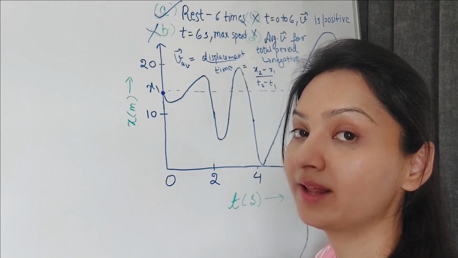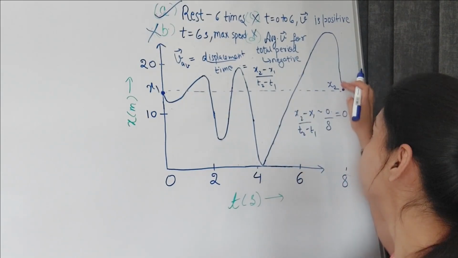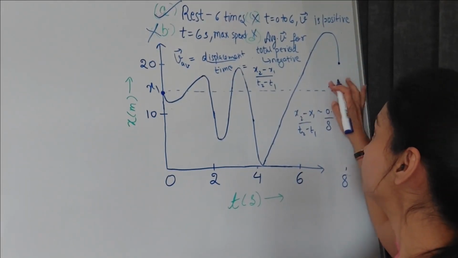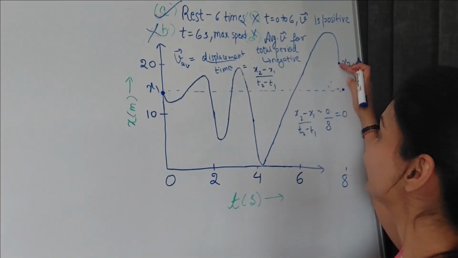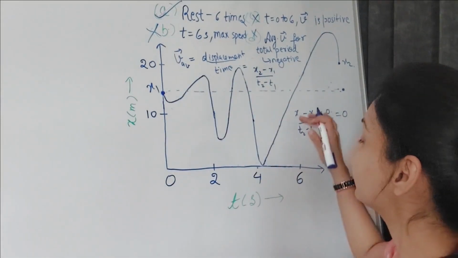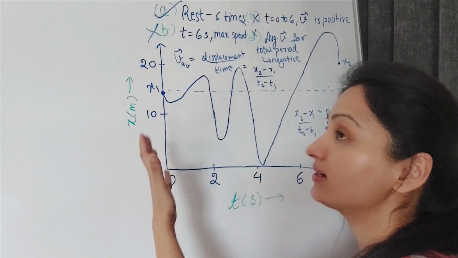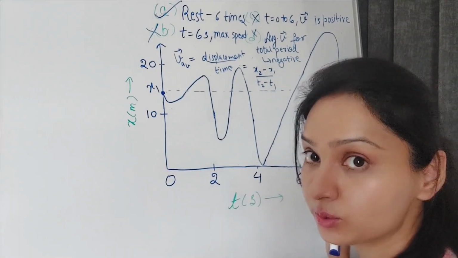Another point I would like to add here is that if this graph ended somewhere here, the point x2 would have been this. And you know that this x2 is lying above this x1, so x2 minus x1 in that case would have been positive for this total time period, and in that case the average velocity would have been positive for the total duration shown.